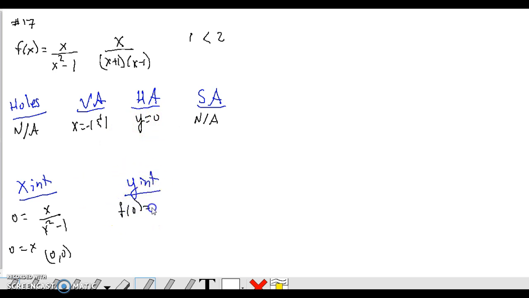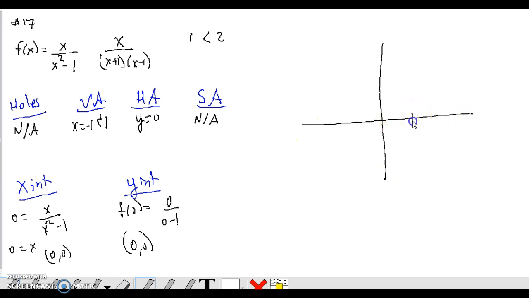Plug it in. This will be exactly the same thing. So again, we have a y-intercept at those points. So if I make a little makeshift graph, so here's -1 and +1. And let's draw it in blue this time. So x is equal to -1, x is equal to +1, and this is your y is equal to 0 phase.